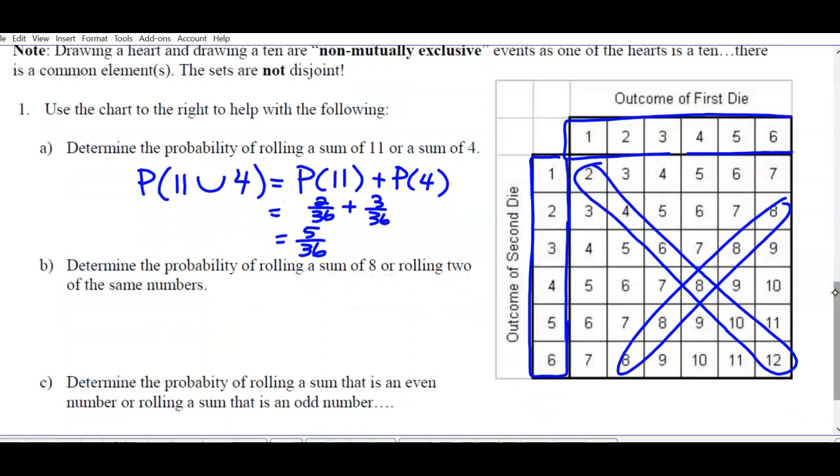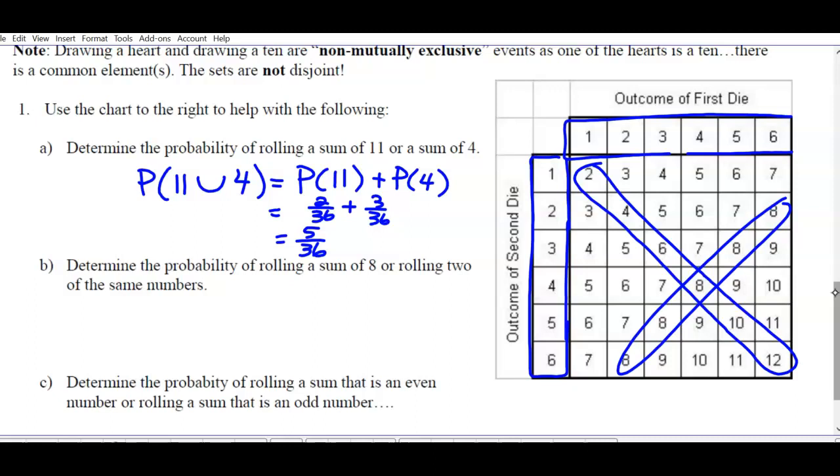So if you did it in your head, what would the probability be? Well, you'd have 1, 2, 3, 4, 5, 6, 7, but I already included this. So 6, 7, 8, 9, 10. This one was already included, so we don't want to include it twice.